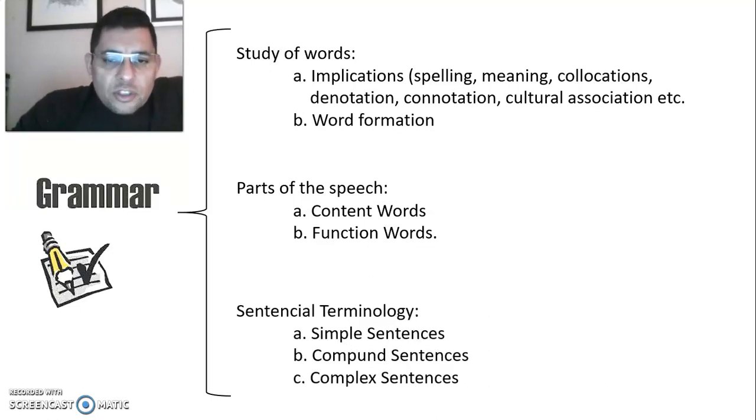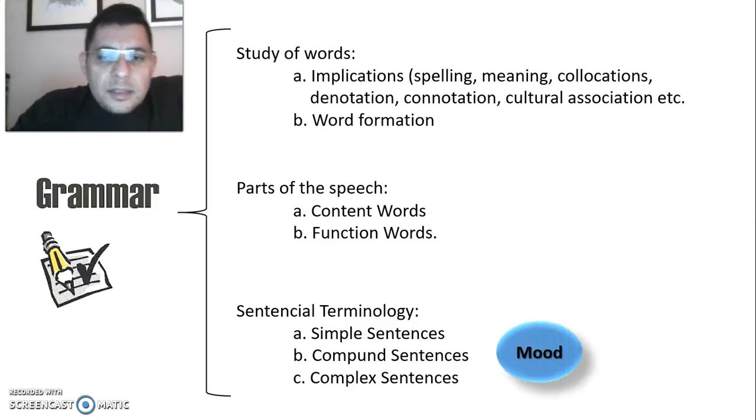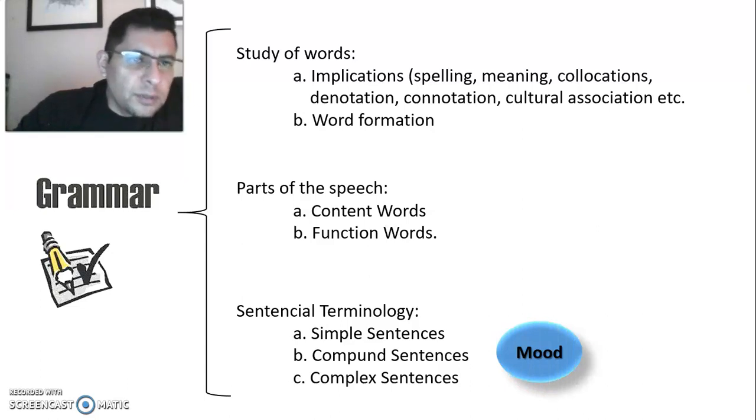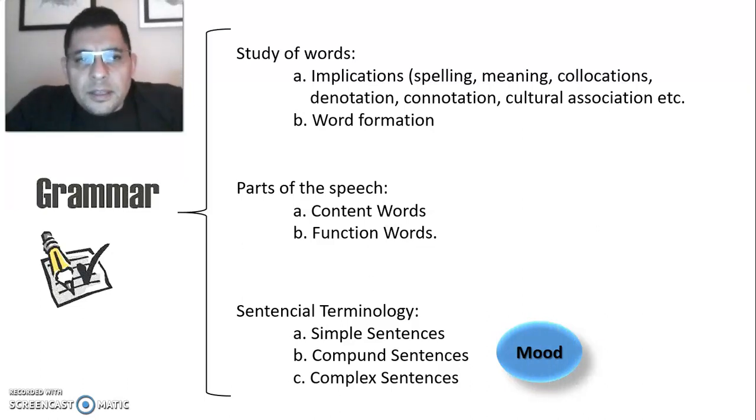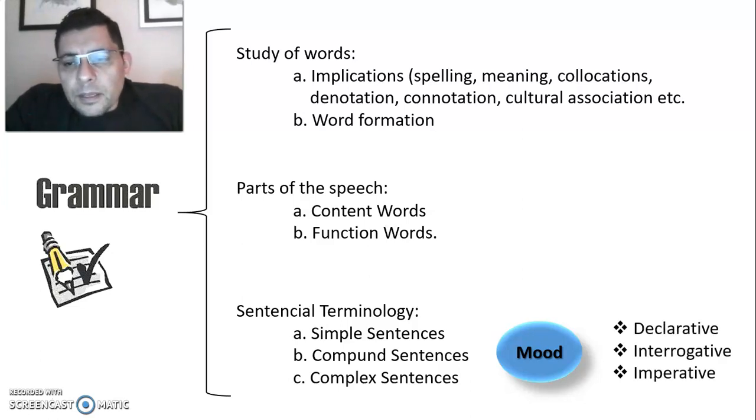We talked about sentential terminology, simple sentences or the types of sentences that we have: simple sentences, compound sentences, complex sentences. And we also talked about the mood of these sentences: declarative, interrogative, and imperative.